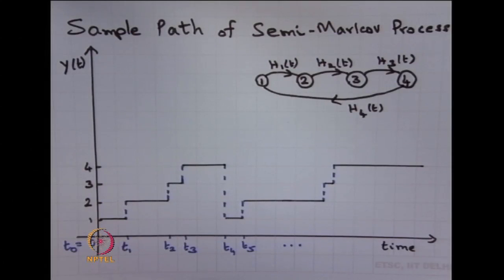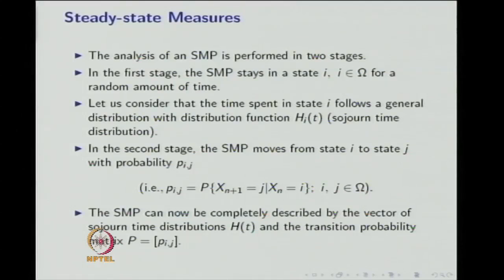In the second stage, the SMP moves from state i to j with the probability pij, where pij is defined as the probability that the system was in state i at the nth time instance.